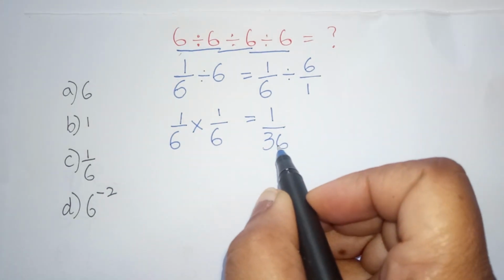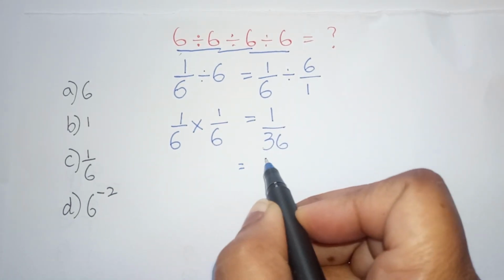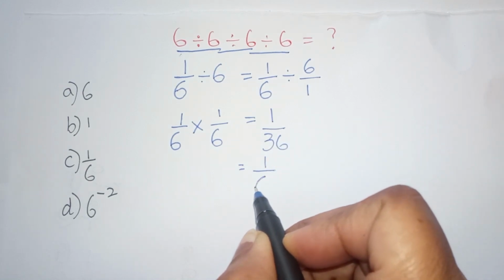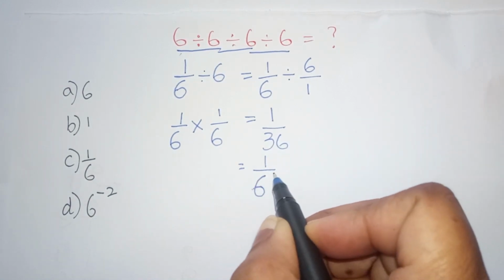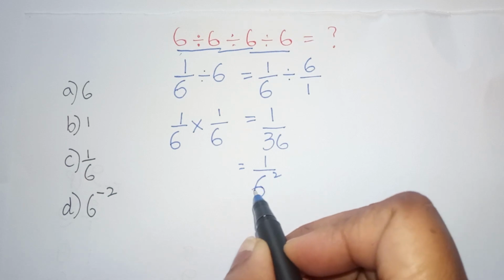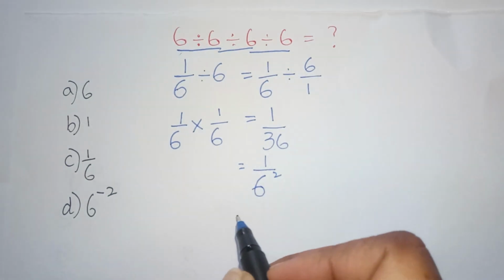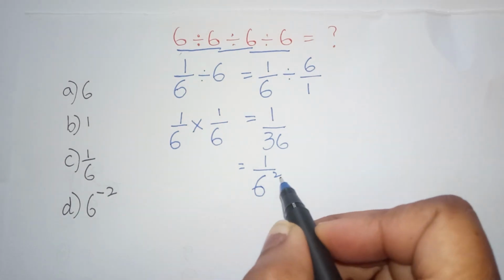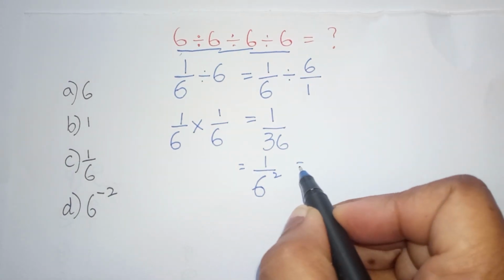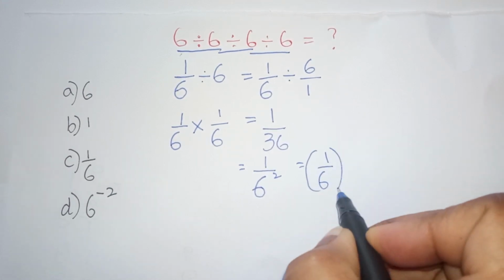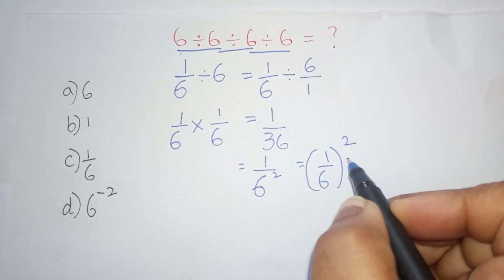So this is as if we say 1 over 6 to the power of 2, which is 6 by 6, 36. Okay. So here we can also say this can be written as 1 over 6 to the power of 2.